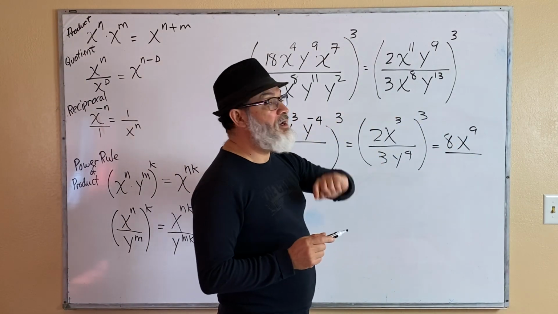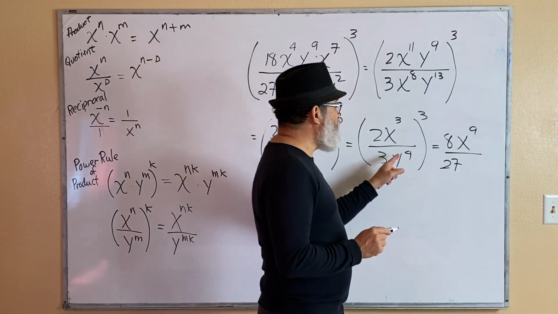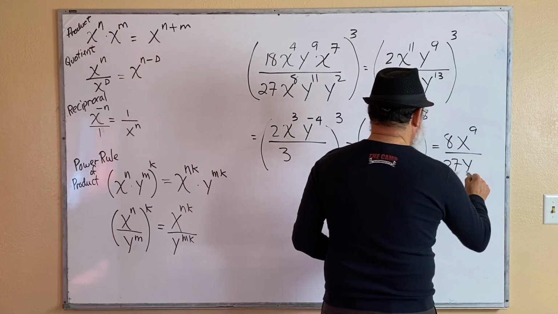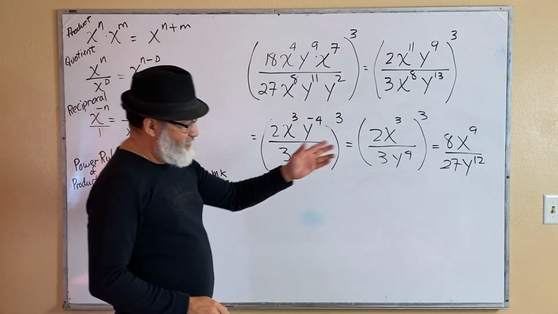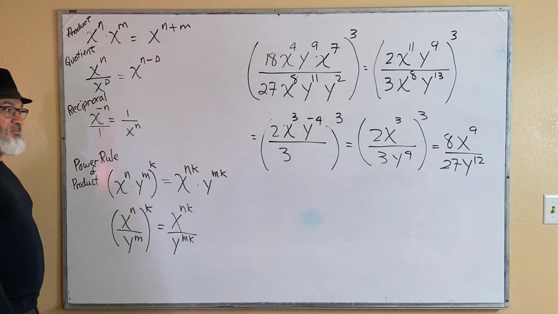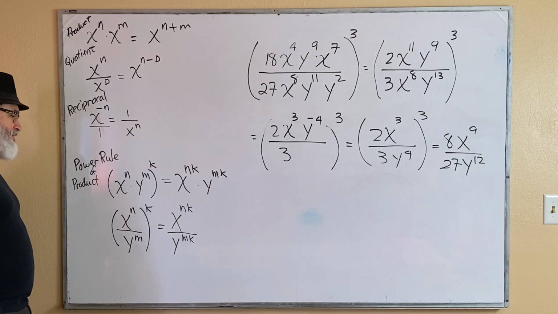What's 3 to the 3rd? 27. What's y to the 4th to the 3rd? Y to the 12. And there it is. Okay. Got it? Very good.